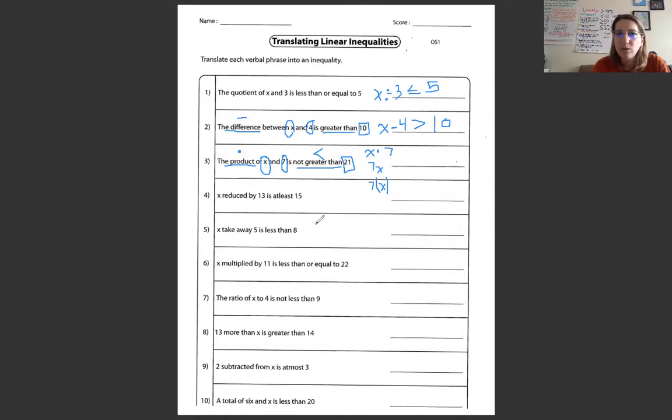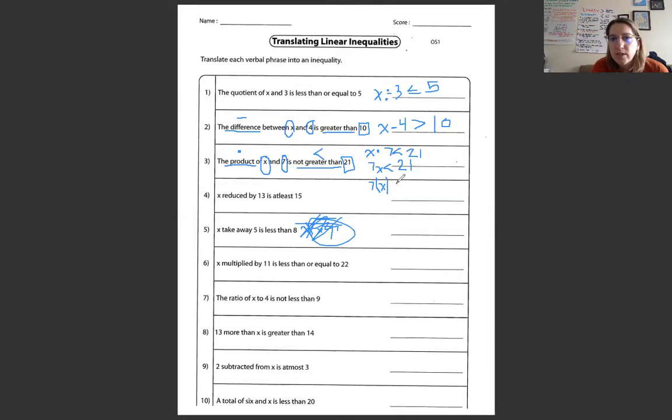What will not work and will look really funky is if you try to do something like x, that's a terrible x, I'm sorry, times 7. That looks confusing. Do not do that. It's weird and ugly. So looking at 7x, it's not going to be greater than 21. That is how we would write that, on all options, less than 21.